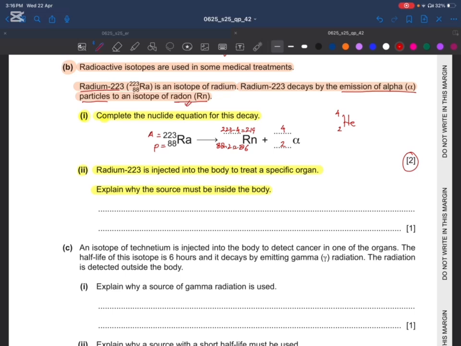So why must the source be inside the body? If the alpha particles were outside, obviously they cannot penetrate into the skin. So simply I am writing here that alpha particles would be absorbed by the skin as their penetration is very small.